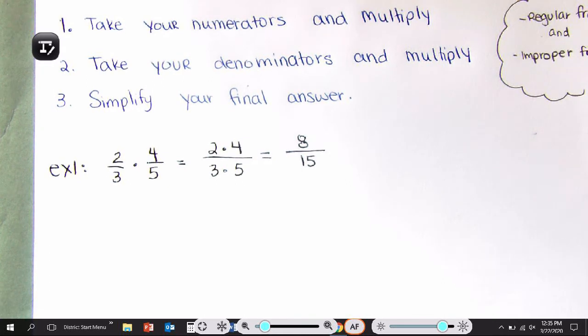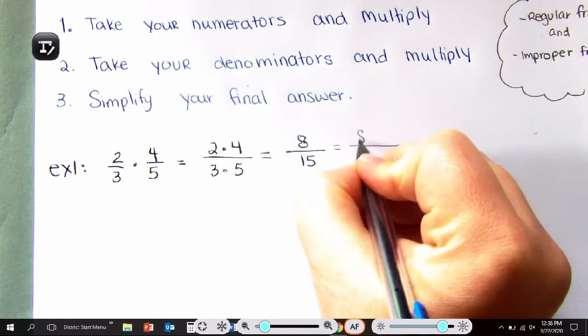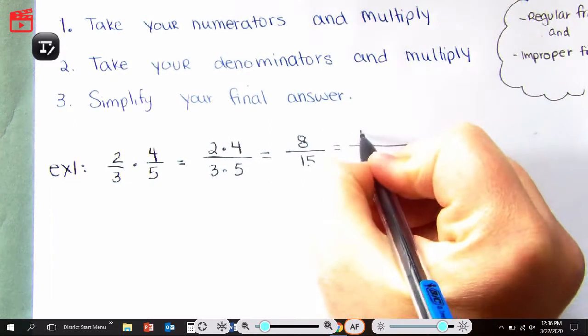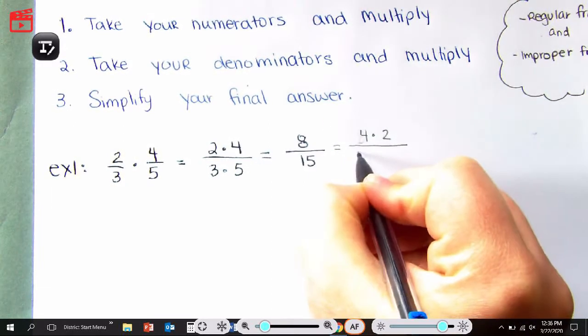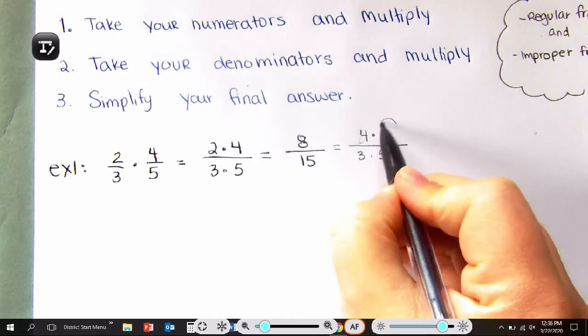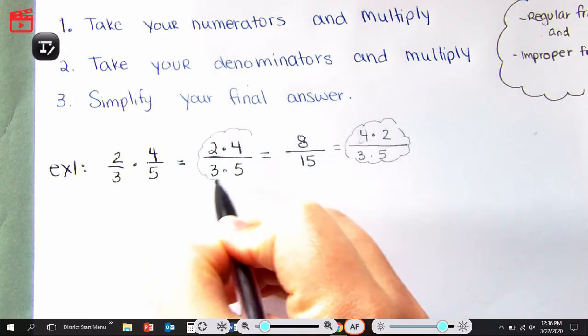Maybe, maybe not. So I'm going to say I have 8. What are my factors of 8? I have 4 times 2. For 15, I have 3 and 5. Now, something I want you to notice is, look at our factors here and look at our factors here.